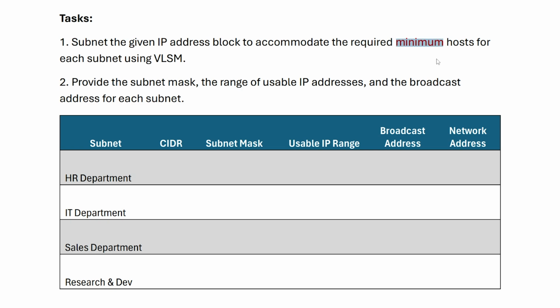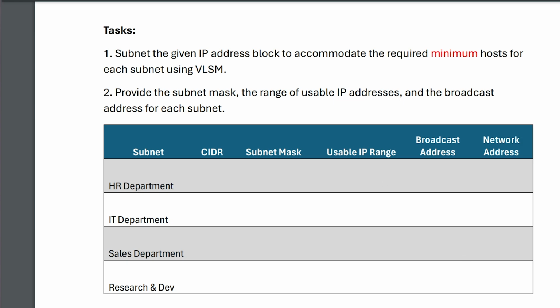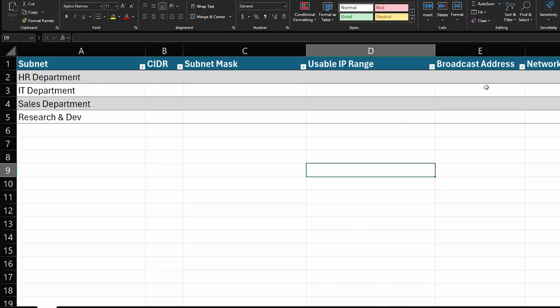The keyword here is minimum, so we don't want to use a block that provides way too many addresses, just the minimum amount. And then second, we want to provide the subnet mask, the range of usable IP addresses, the broadcast address, and the network address. And we're going to be working out of our Excel spreadsheet here.